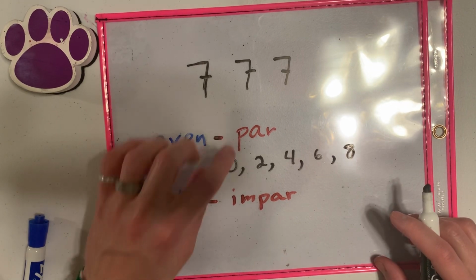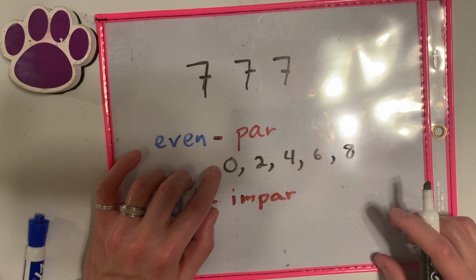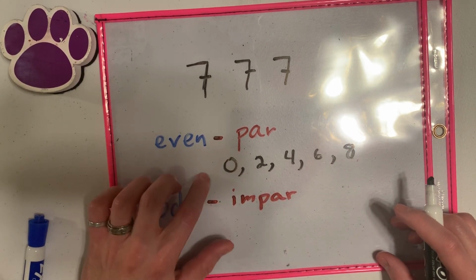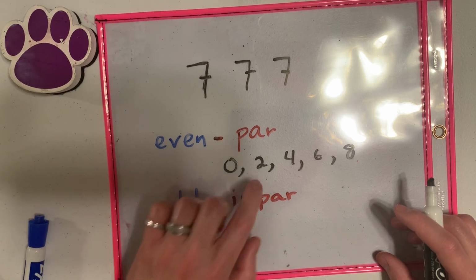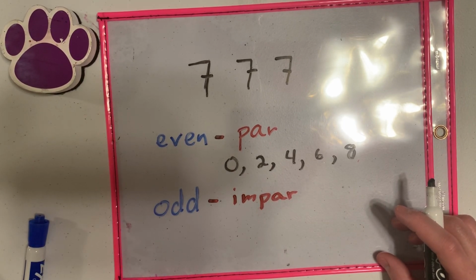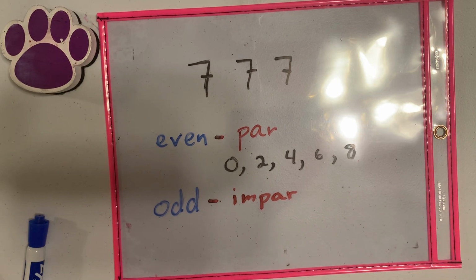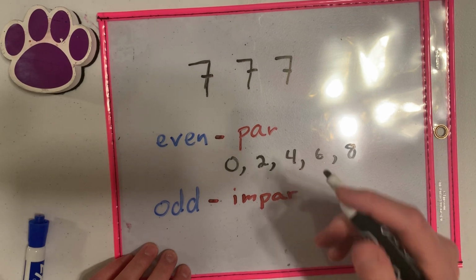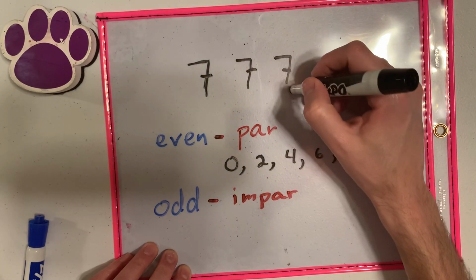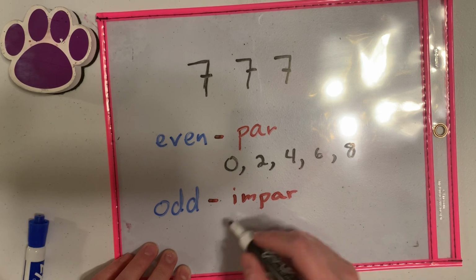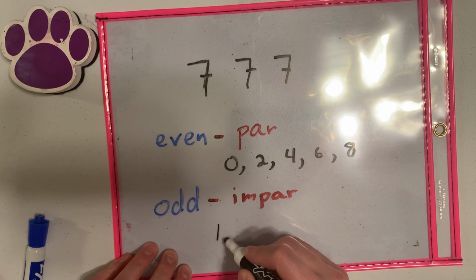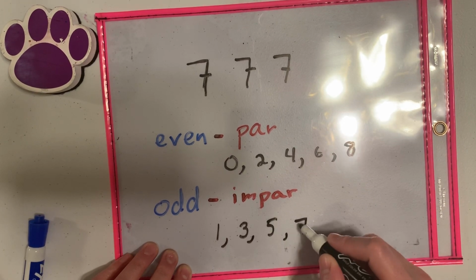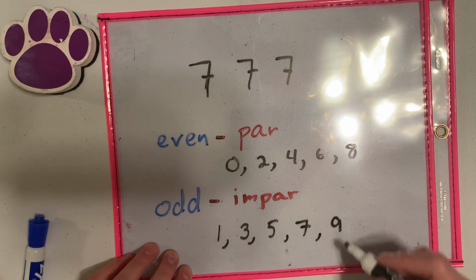Los números pares son los números que terminaban en las unidades con el 0, 2, 4, 6 o 8. ¿Se acuerdan cuando contábamos el calendario? Contábamos con los pares algunos días y los impares en otros días. Odd numbers, impares, were numbers whose ones place was a 1, 3, 5, 7, or 9.